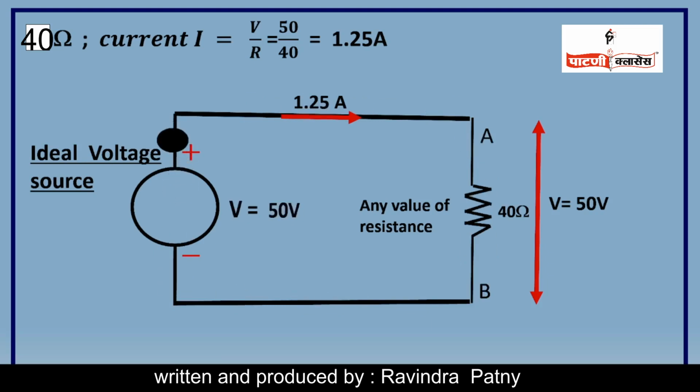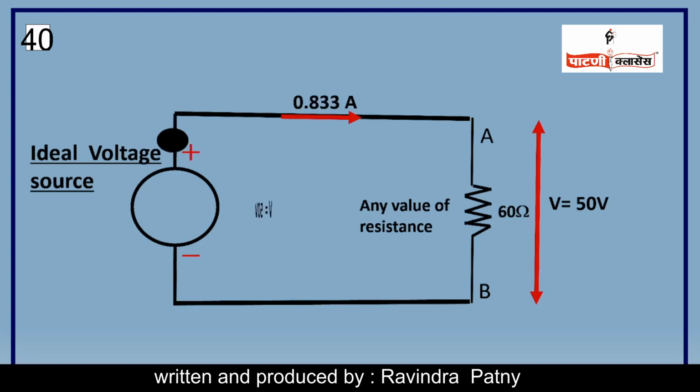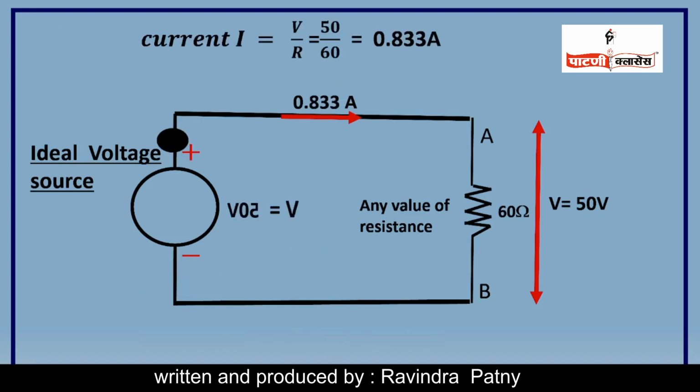Now current flowing through the circuit is equal to 1.25 amperes. And for 60 ohms as a load resistance, the current flowing through the circuit is equal to 0.833 amperes. Here also we find terminal voltage of the battery or terminal voltage of the given cell is not changing.